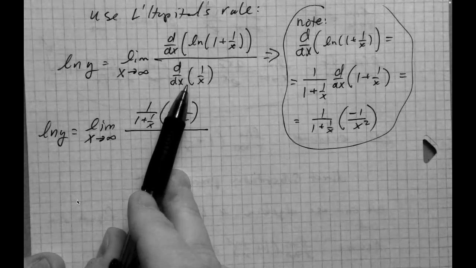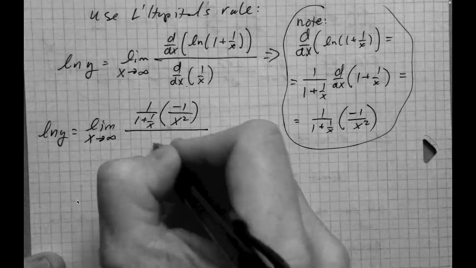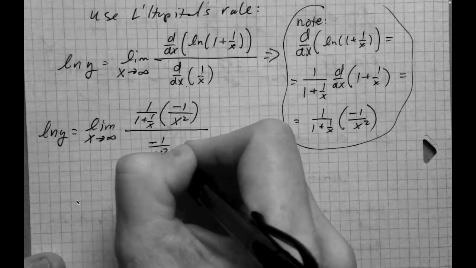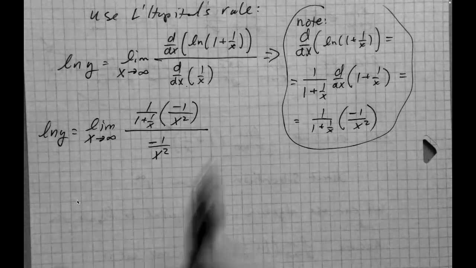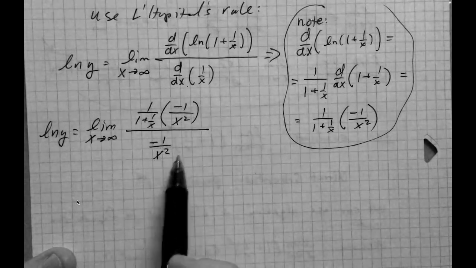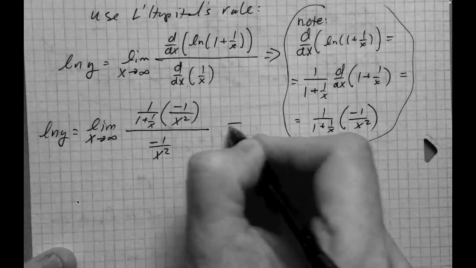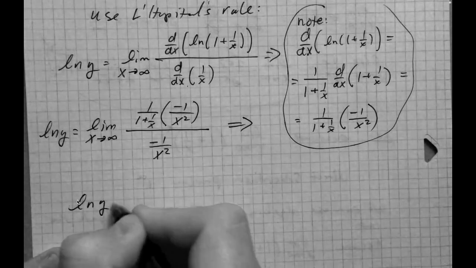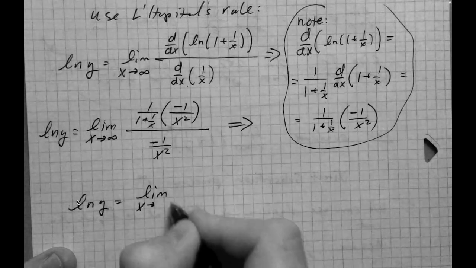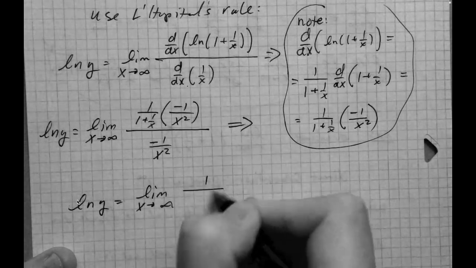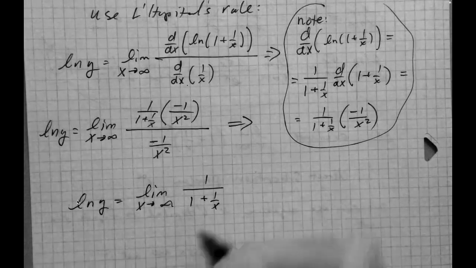And then this derivative here is negative 1 over x squared as well. Right? Okay, so that's good. We can get a nice cancellation here. So that means the natural log of y is equal to the limit as x approaches infinity of 1 over 1 plus 1 over x.